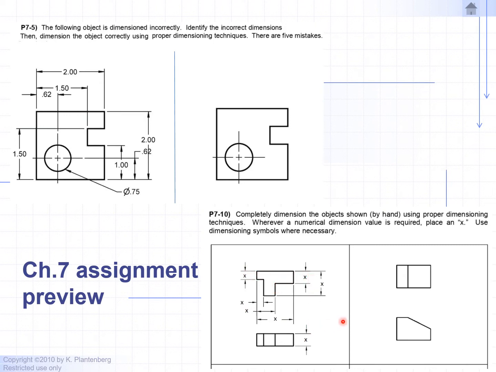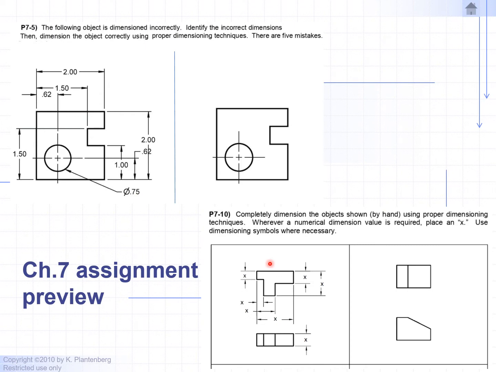Okay, so you're going to do the same thing with the other views, whether it's 2 views or a group of 3 views. What dimensions do you need? So using the letter X, unless you want to measure the actual part with the ruler, whether you want to use millimeters or inches, or just simply use X. If you are labeling a diameter, for example, you have to use the diameter symbol and X for your measurement.